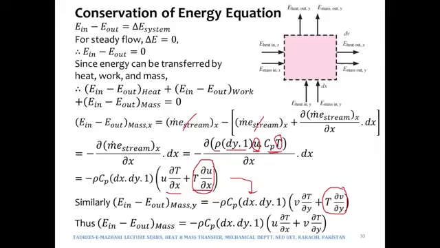As per the conservation of mass equation, ∂u/∂x plus ∂v/∂y is 0. So using that particular equation, that would become 0, and we would be left with this term only.